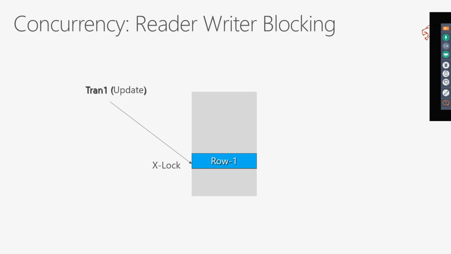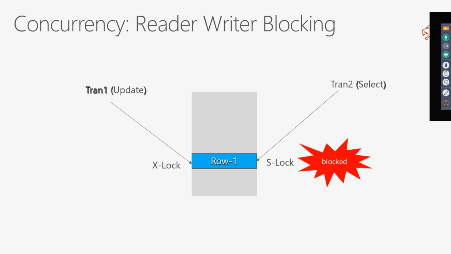So when you change the row, you need to get an exclusive lock on that row, right? Because otherwise everybody can read the dirty data, right? So let's say I change the row from red to blue, but I have not committed my transaction. Now here, a transaction that is trying to do a select on this row, what happens? It wants to get a shared lock on that row because it is running under read committed.